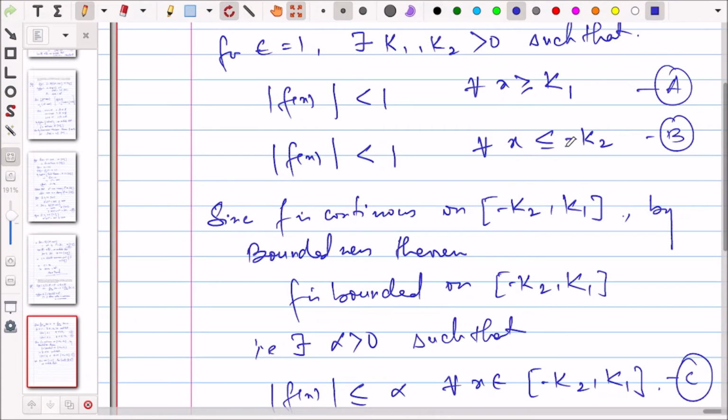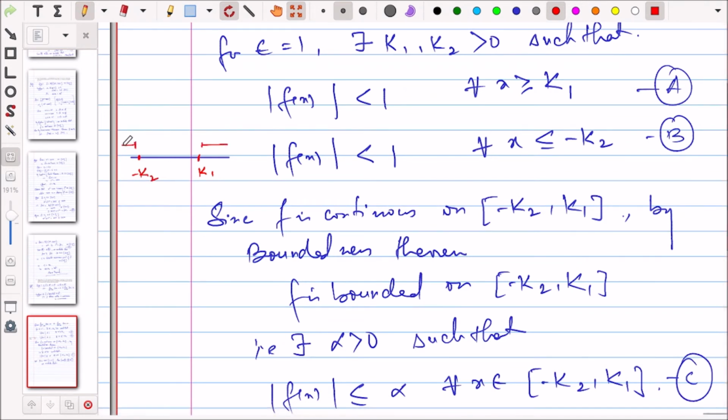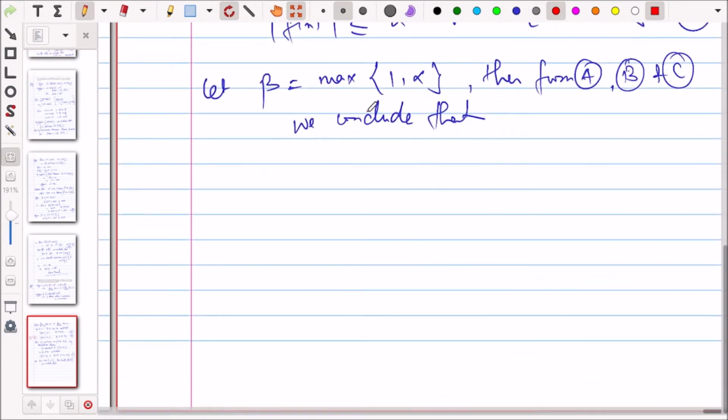Here we have shown that on the interval minus infinity to minus k2 f x is bounded. If you look at the number line, suppose this is our k1, this is our minus k2. We have shown that f x is bounded on this, and on this, and then using the boundedness theorem we have also shown that f x is bounded on this interval. So from all three, we have shown that the function is bounded on the whole of R.